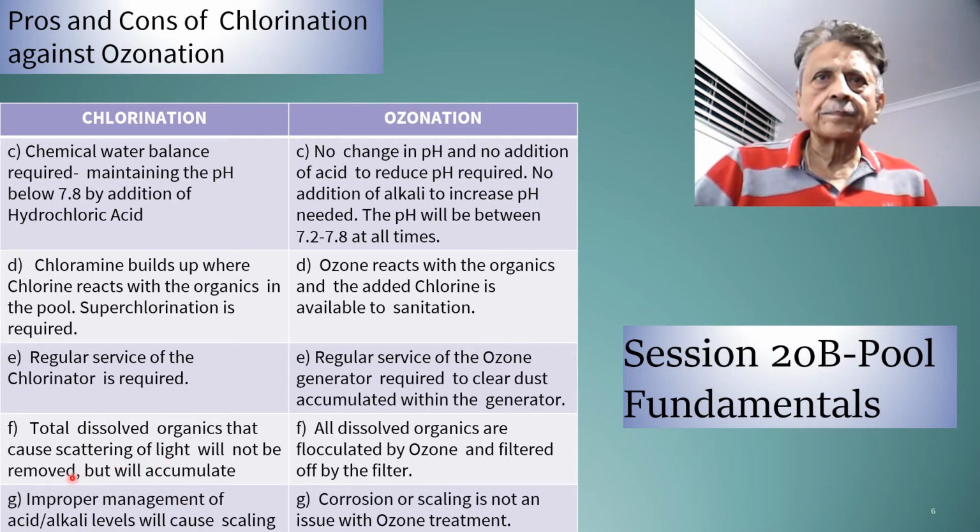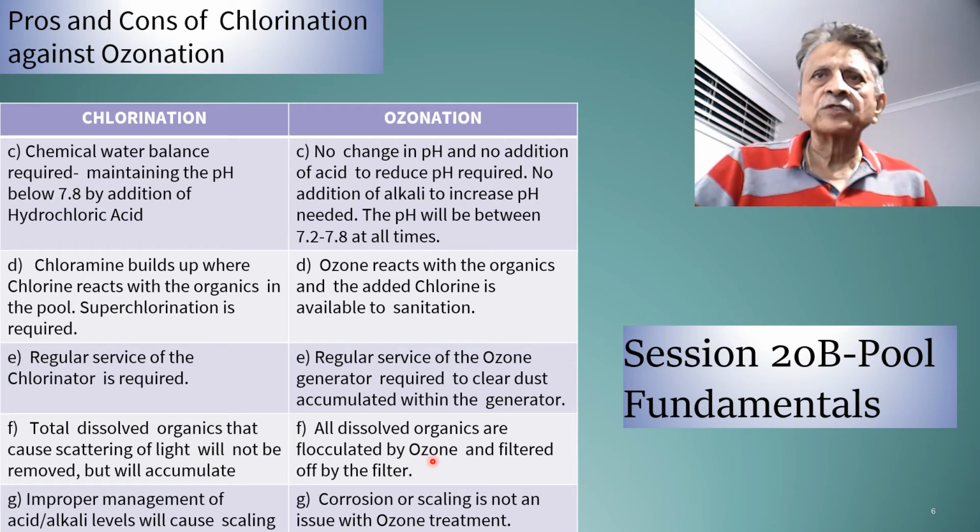Proper pool chemistry management is important, because if the alkalinity is too low, it will cause corrosion. If it is too high, it will cause scaling. So scaling or corrosion are always the factors that may cause problems with chemical treatment.